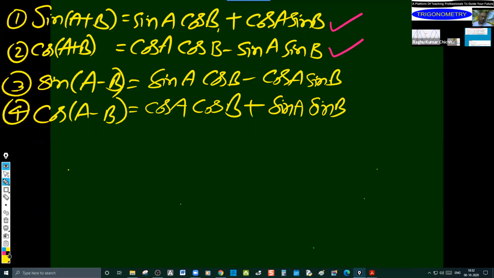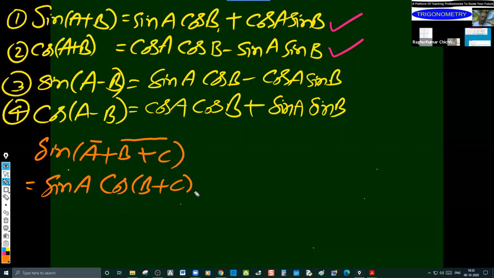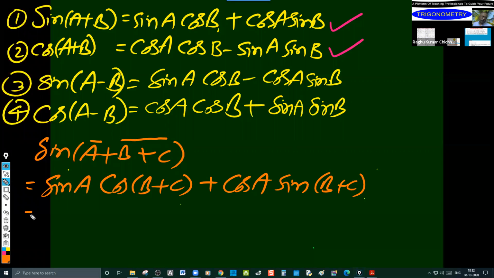If you want the expansion of sine of A plus B plus C, for example, then you take this as A only, take this as B. This is A, this is B. Then what is the sine of A plus B formula? Sine A cos of B plus C plus cos A sine of B plus C. Do you understand what I'm saying?